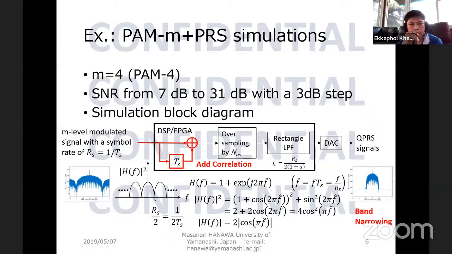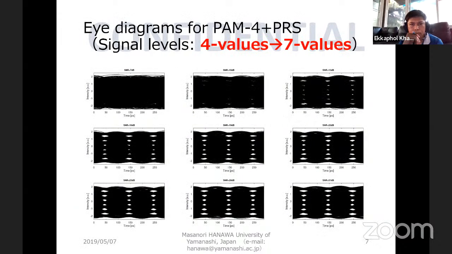Then we pass the signal through a low pass filter to make the bandwidth narrower. So the idea is very simple. These are eye diagrams for the PAM4 PRS signal, for different signal to noise ratios.